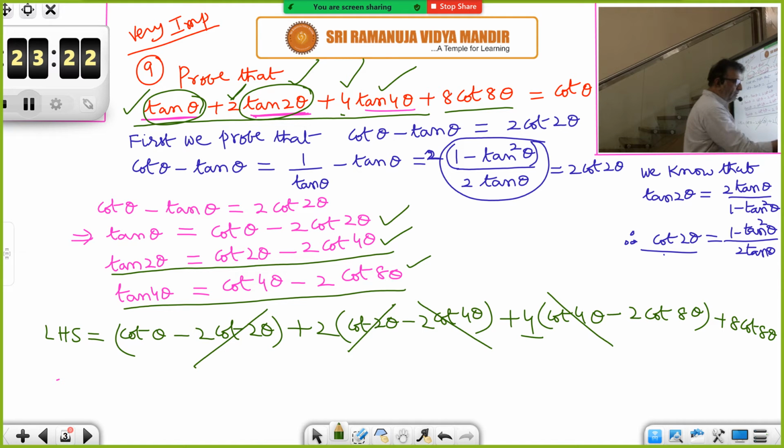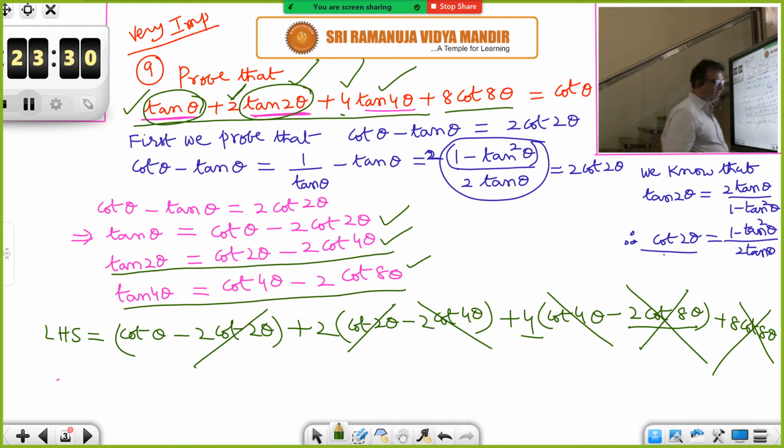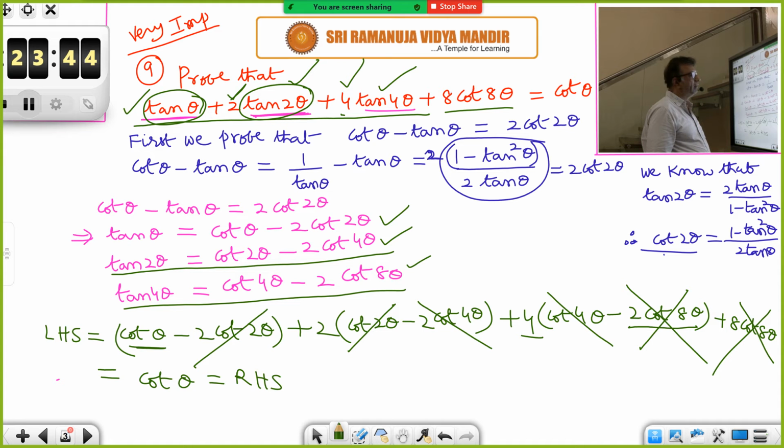Next, 4 into minus 2 cot 8 theta, that is minus 8 cot 8 theta, plus 8 cot 8 theta, they will cancel out. Only in the first term, cot theta will remain. That is equal to the right hand side. Everybody understood the proof? Yes, sir. Okay, right.